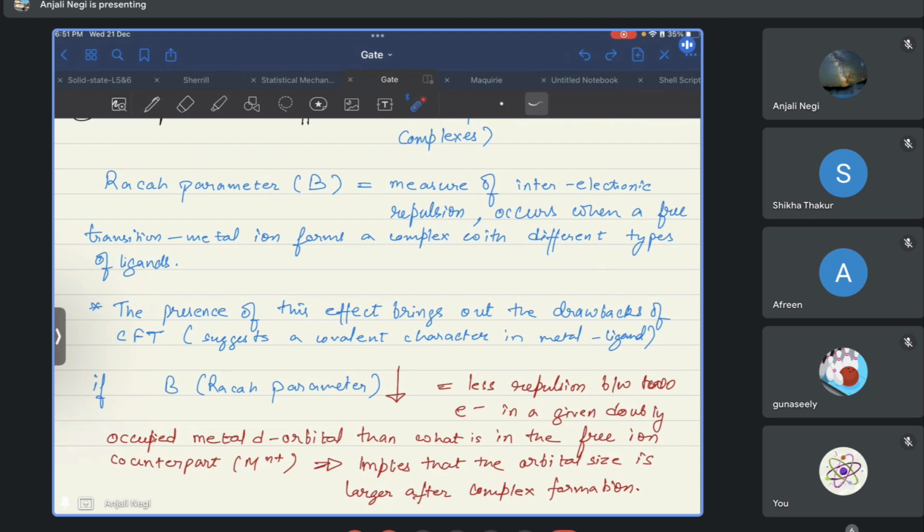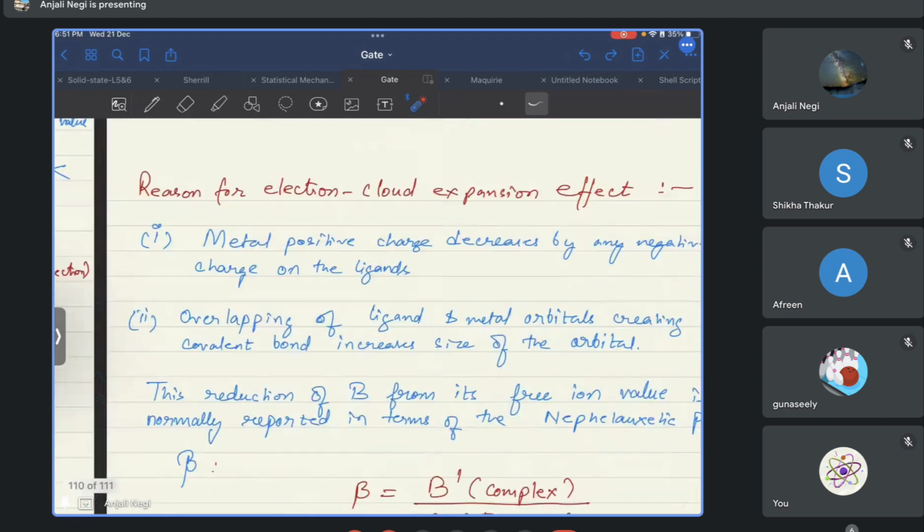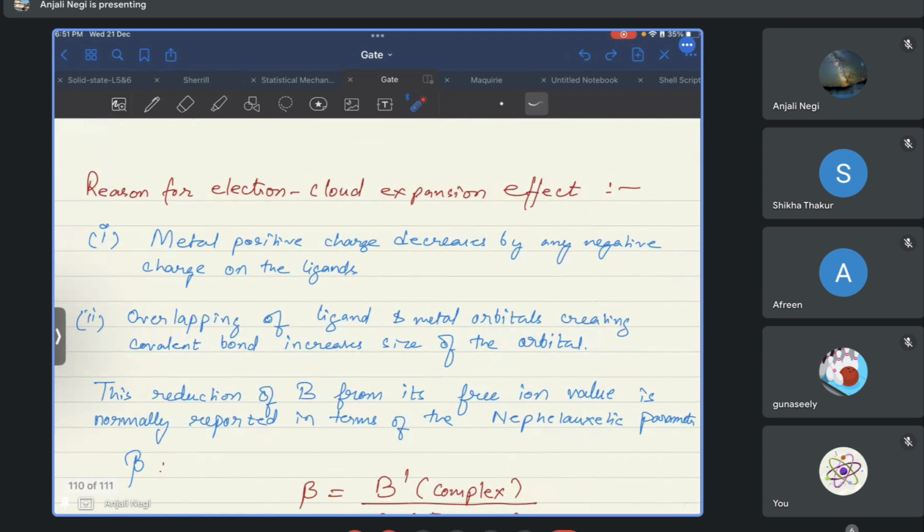I hope you can understand this simply. Electron cloud expansion effect is another name you can give to the nephelauxetic effect, because the word nephelauxetic comes from the Greek word whose meaning I have already told you.